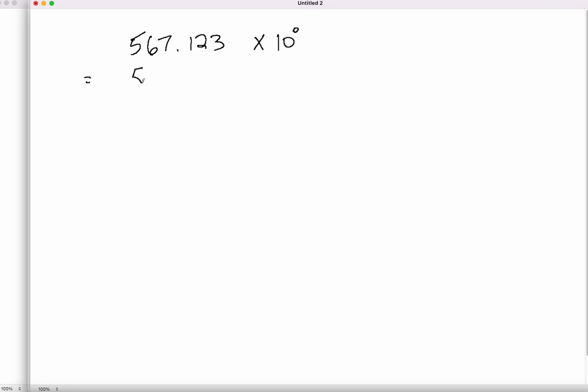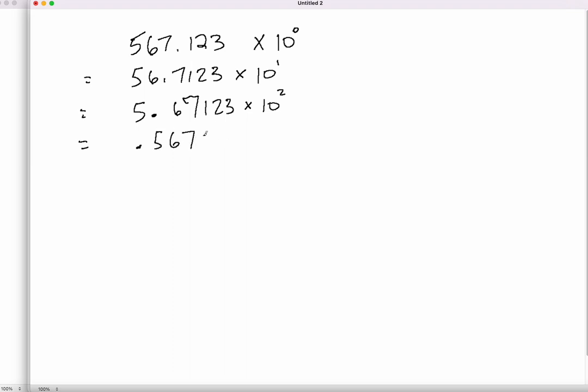This is also equal to 56.7123 times 10 to the first, which, by the way, is also equal to 5.67123 times 10 squared, which is also equal to, and we can do this for quite a long time. I promise we won't.